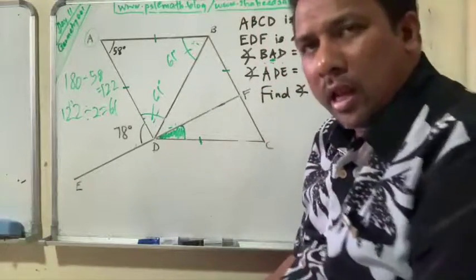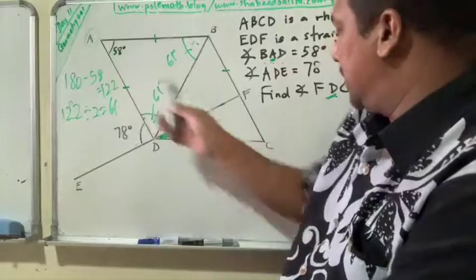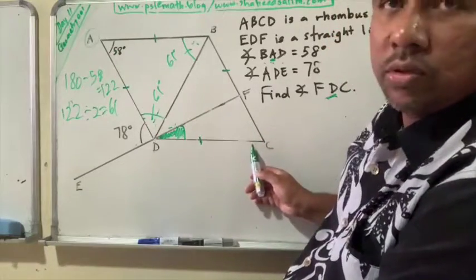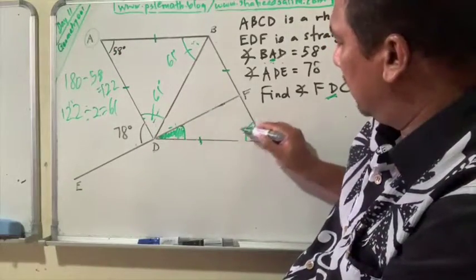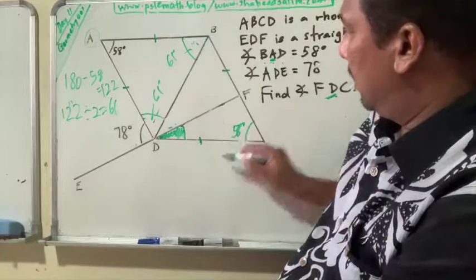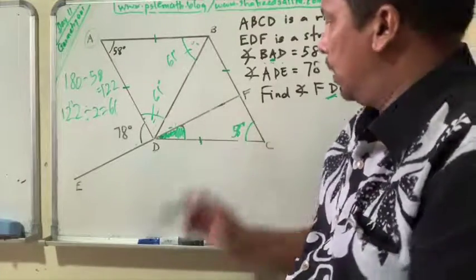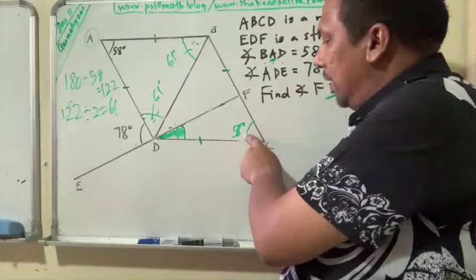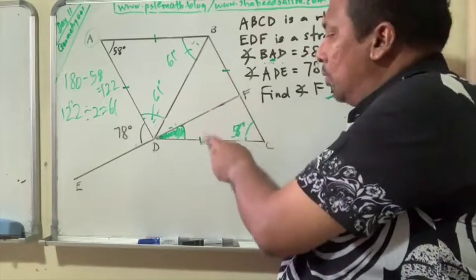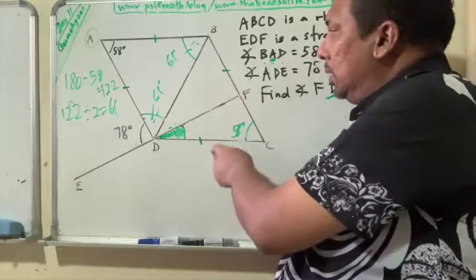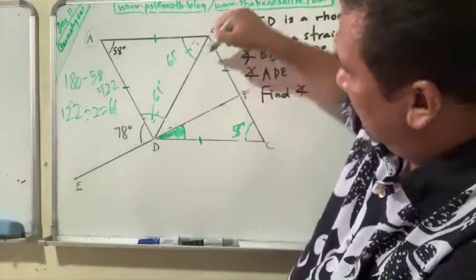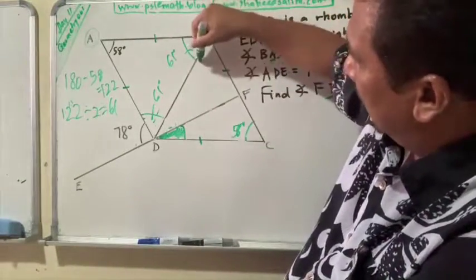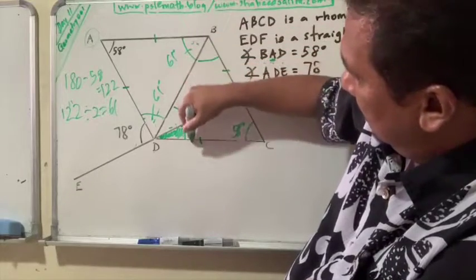Now, in a parallelogram, the opposite angles are equal. So this is also 58. In a rhombus or parallelogram, the opposite angles are the same. So if this is 58 and these two sides are also equal, that means this triangle here is an isosceles triangle, exactly like this.